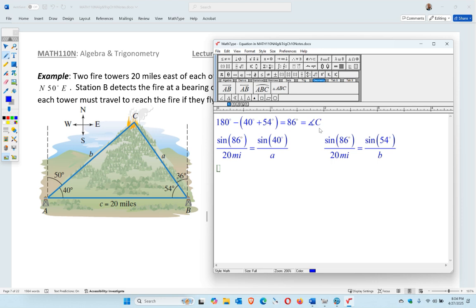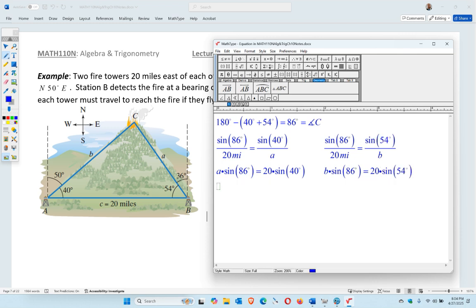Alright, so if I cross multiply, this is going to be A times the sine of 86 equals 20 times the sine of 40. And the other one is going to be B times the sine of 86 equals 20 times the sine of 54.